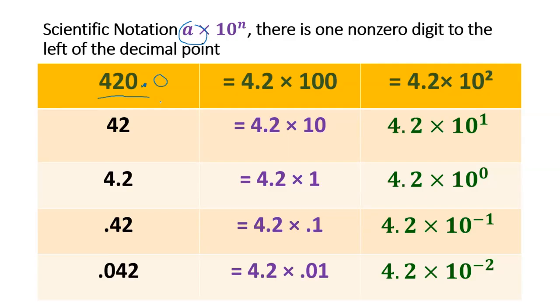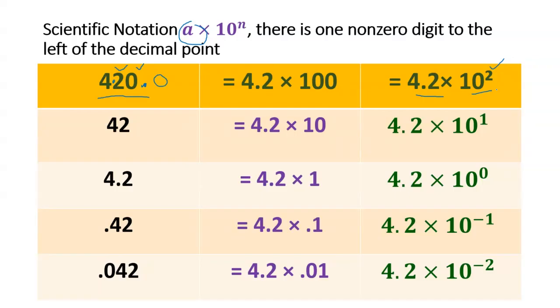Now, if you're trying to make the number between 1 and 10, you have to put the decimal somewhere here, right? So that's how we get 4.2. Now, the original number was 420. We made the number smaller, 4.2, and therefore, you have 2 digits between the two decimals. And therefore, you have a power of positive 2.